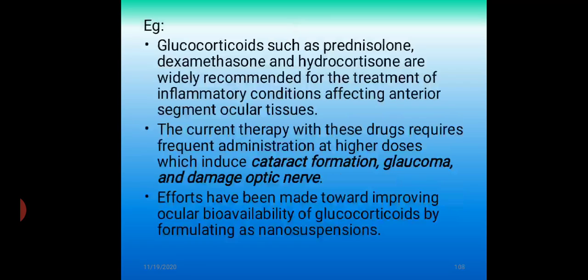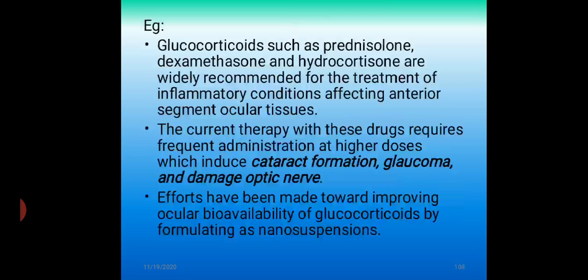This drawback can be overcome if you make it as a nano suspension, because it ensures the maximum amount of drug. If you administer one microgram of a drug molecule, it assures that 90% of the drug crosses the precorneal barriers and enters the various anterior and posterior segments of the eye. So by developing this as a nano suspension, we need to administer only a small volume.